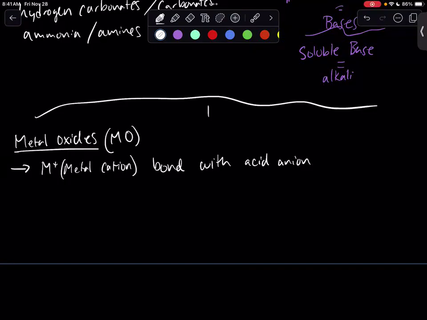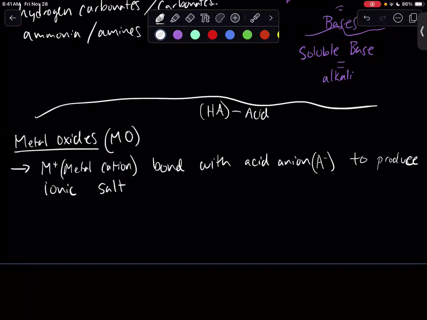Now, in all of these, we're going to refer to our acids as HA. That will be our acid. And so it will bond with the acid anion, A minus, and that will produce what we call an ionic salt.